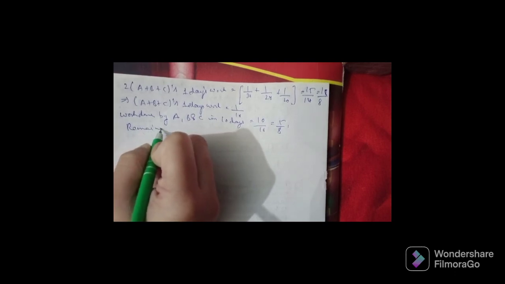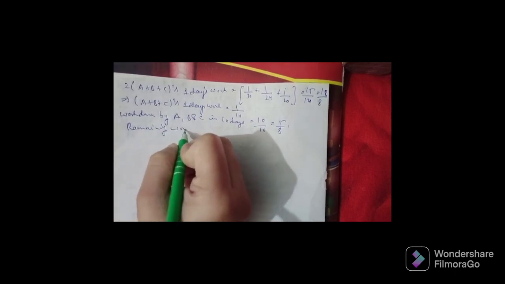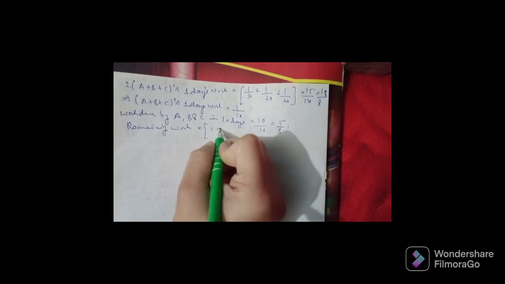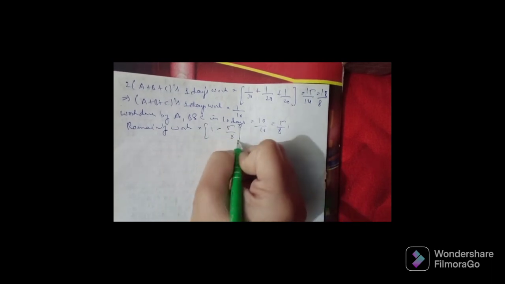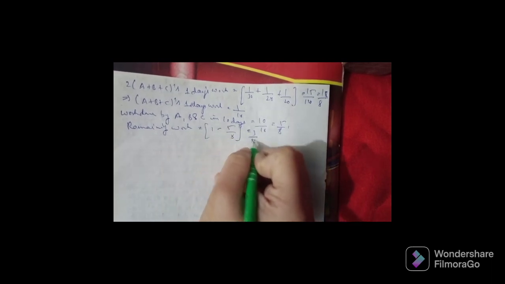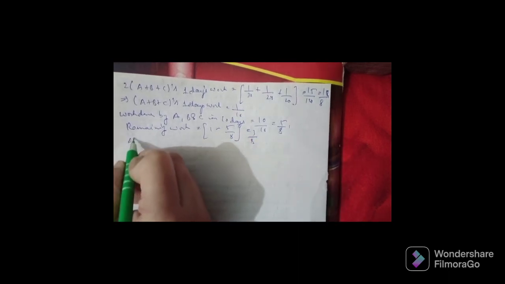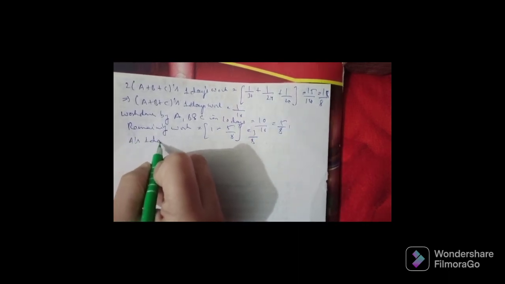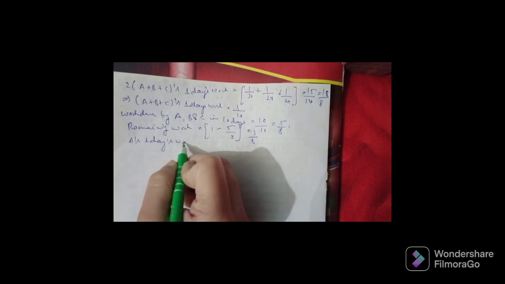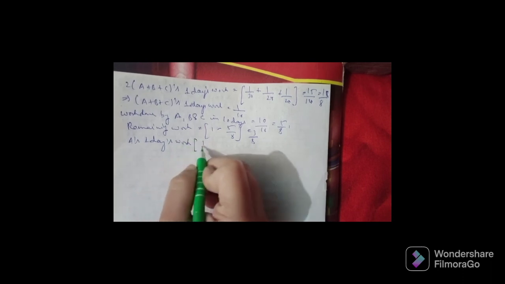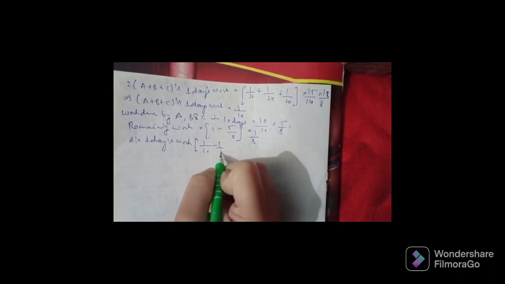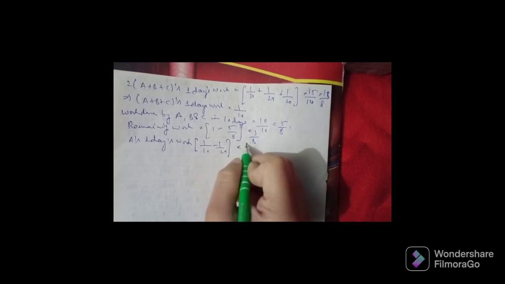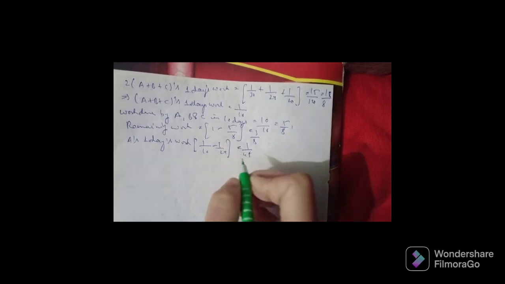Remaining work is (1 - 5/8), which equals 3/8. A's 1 day's work equals 1/16 - 1/24, which equals 1/48.